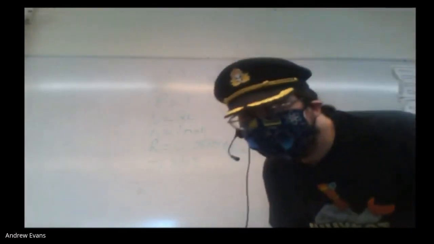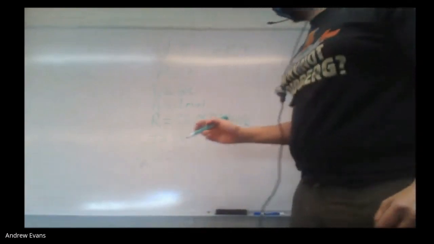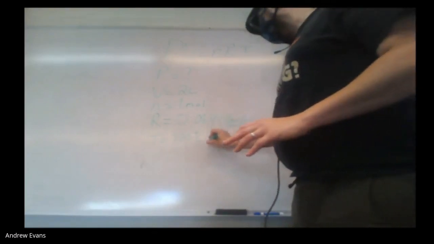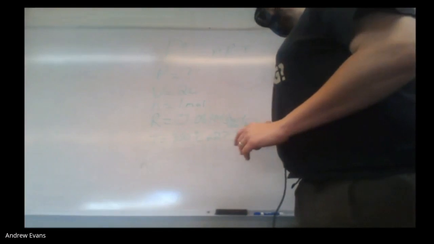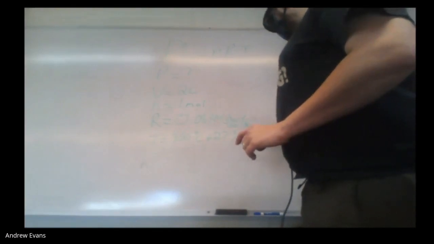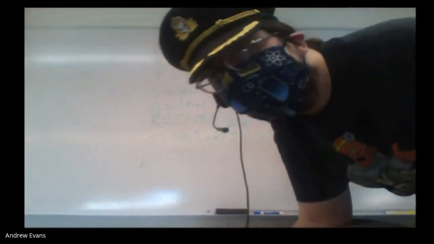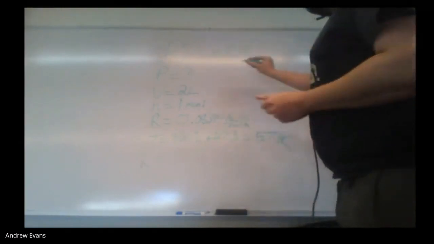With that in mind, we need to turn Celsius into Kelvin. So we add 273, which gives us 573 Kelvin. Now isolate the pressure.